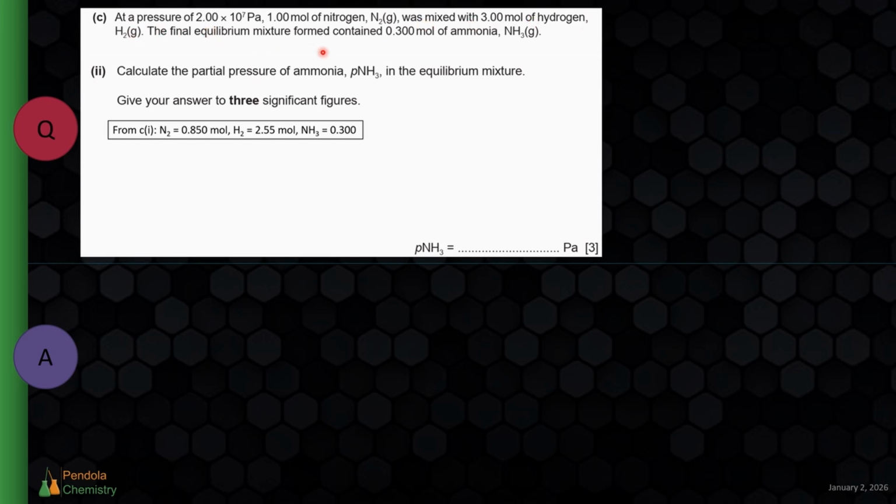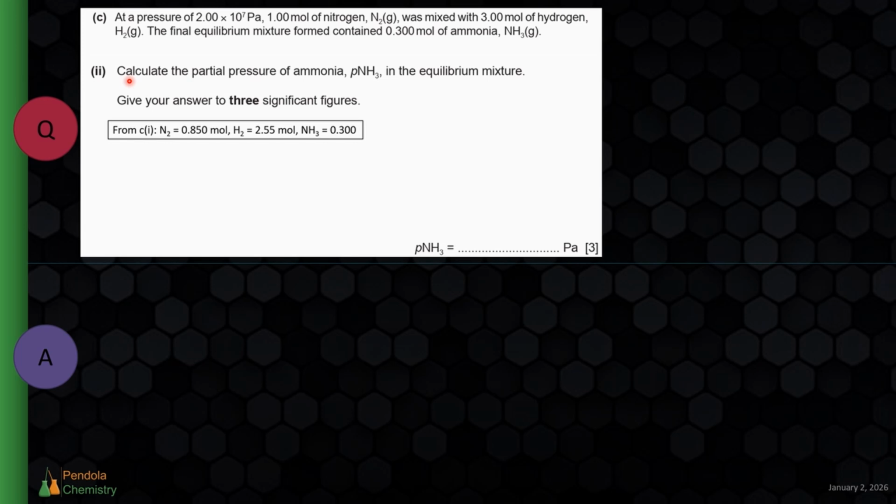The final equilibrium mixture formed contained 0.3 moles of ammonia. Now, in part 1, we figured out how many moles of nitrogen and hydrogen were at equilibrium. So from part 1, we know that at equilibrium we have 0.850 moles of nitrogen, 2.55 moles of hydrogen, and 0.300 moles of ammonia, like it says in the question.